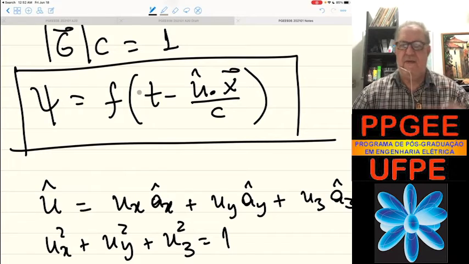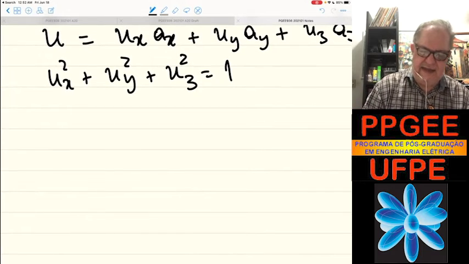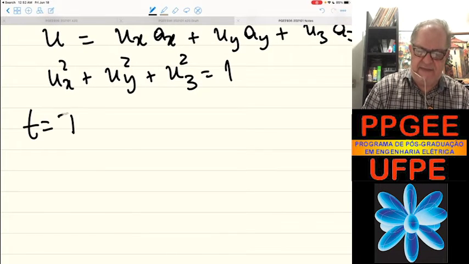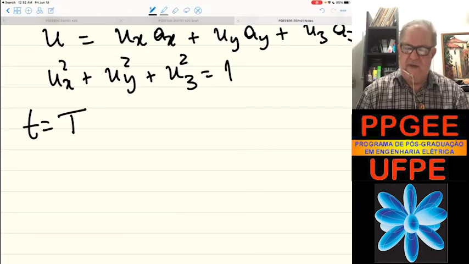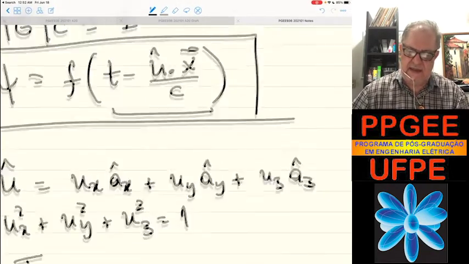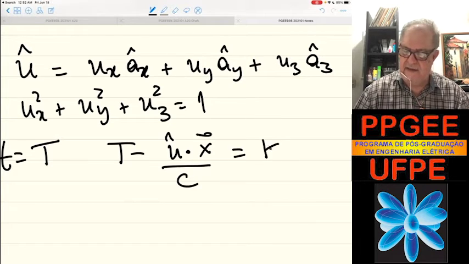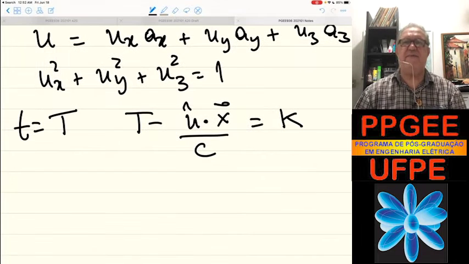Right? Well, let's see. At a given time t, a constant value, we have a constant value of this argument. Let's call it k: t minus u dot x over c equals k, right? So let's move the time.